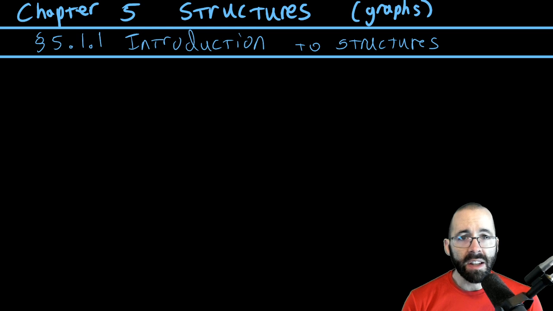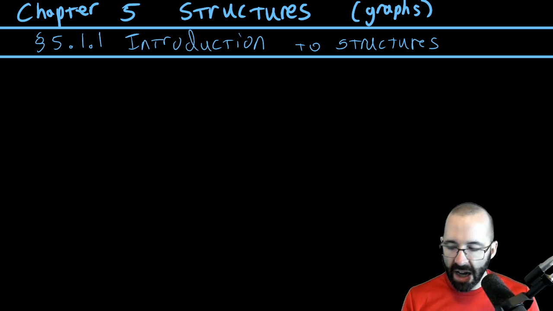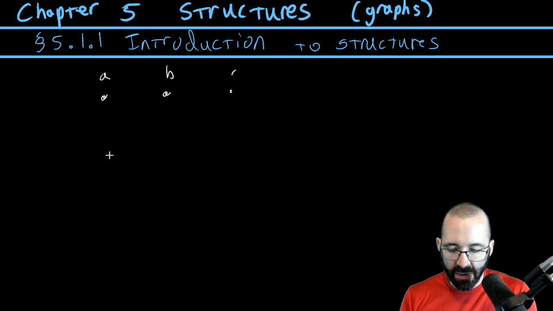To start, we've already talked a little bit about some graphs, right? When we were talking about relations, we said we can view relations as graphs, and specifically we talked about digraphs, right? So, let's say we had some elements A, B, and C, and we had some numbers 1, 2, and 3.